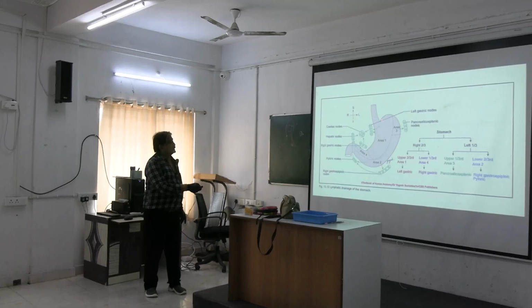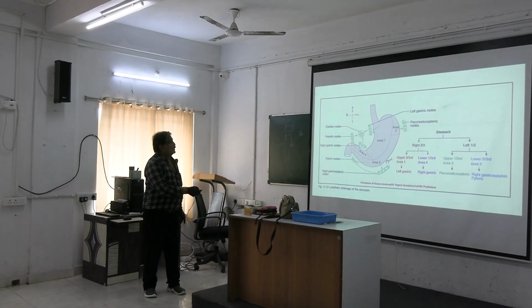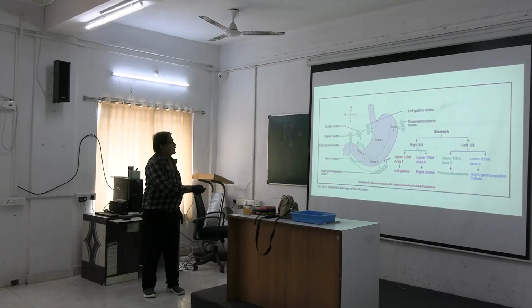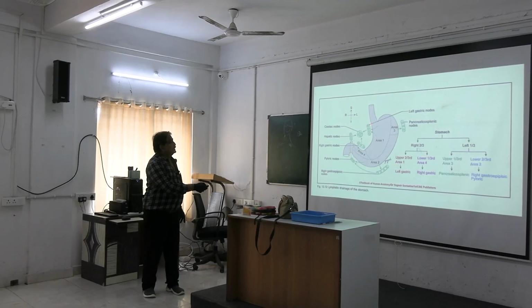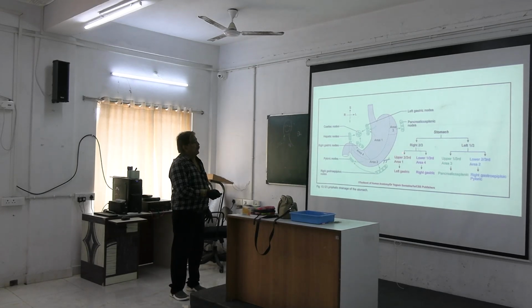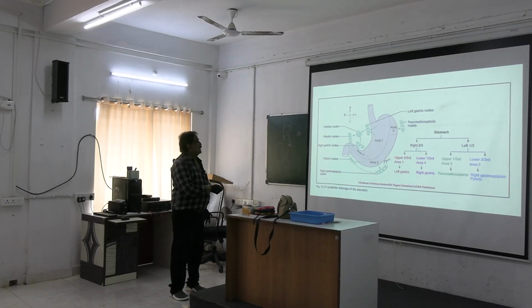Area 1 and area 4 drain into the celiac nodes, hepatic nodes, right gastric nodes, and left gastric nodes. Area 3 drains to the pancreatosplenic nodes. Area 2 drains to the right gastrophrenic nodes, pyloric nodes, and right gastric nodes.